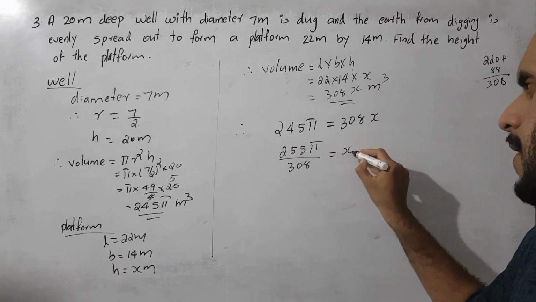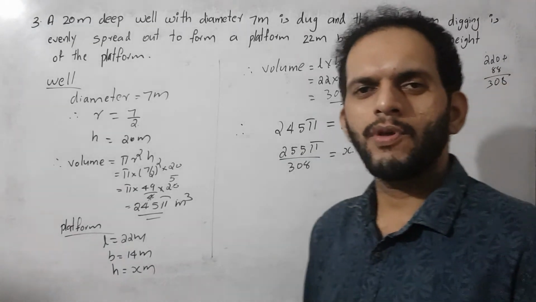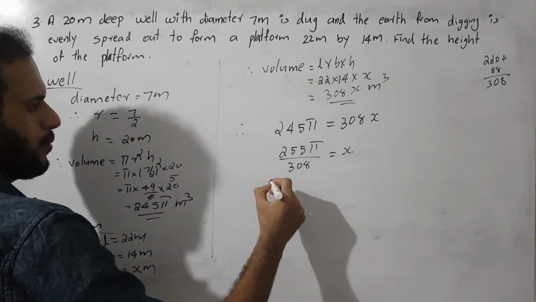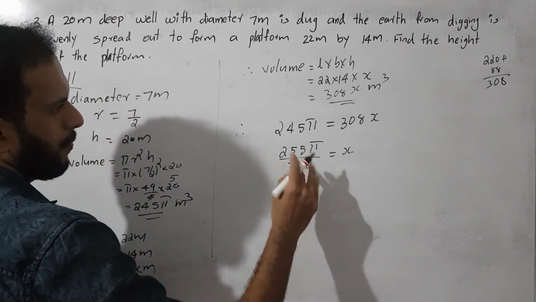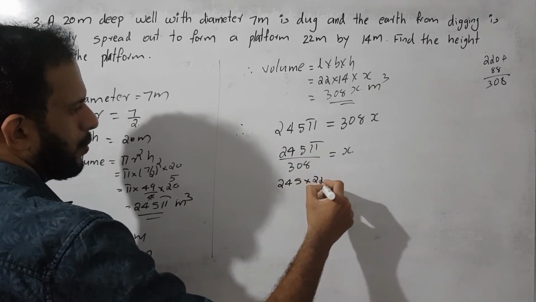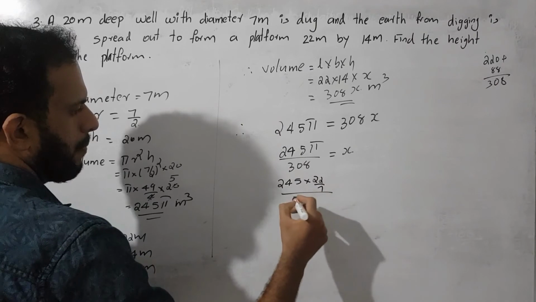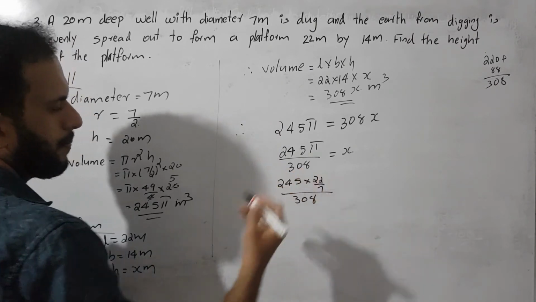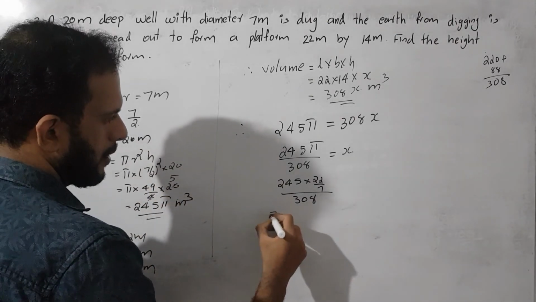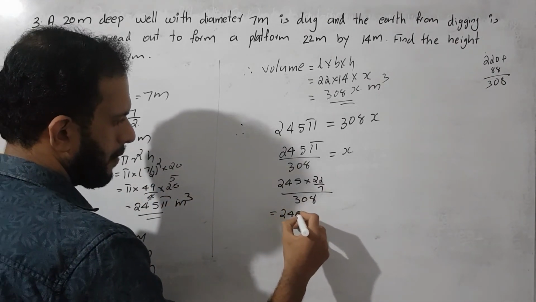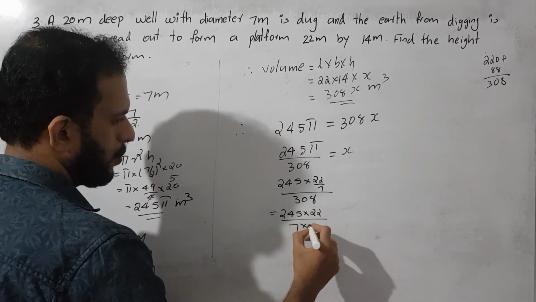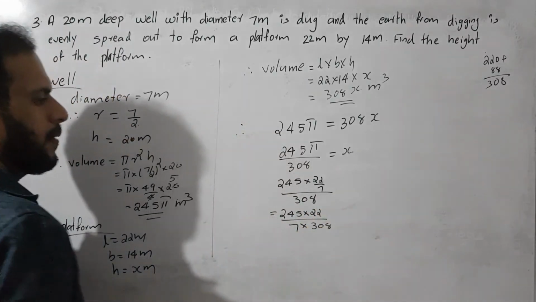Here we substitute the value of pi, so we get 245 into 22 by 7 into 308.